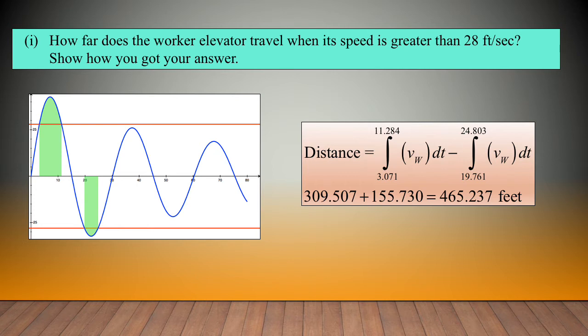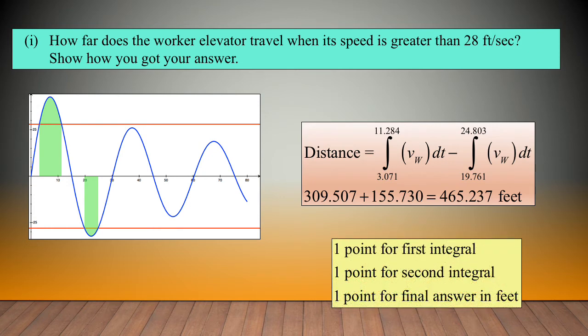We have established the points of intersection on the previous problem, so we just need to set up two intervals. The first is the integral from 3.071 to 11.284 of v sub w dt. And for the second, since v is negative, we will subtract the integral from 19.766 to 24.803 of v sub w dt, and we get 309.507 plus 155.730 to get a total of 465.237 feet.